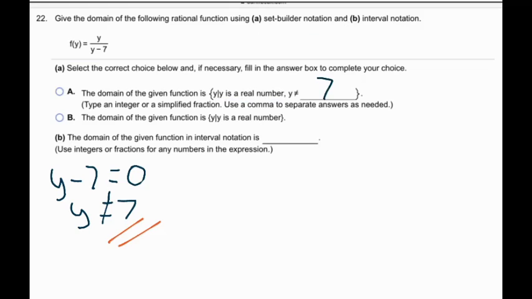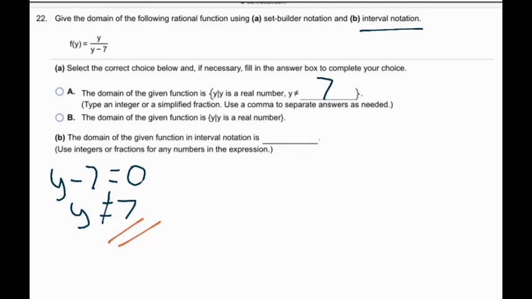Then the second part of this question asks for this domain in interval notation. Remember, interval notation shows you what values are included in the domain. And remember, interval notation involves the parentheses and the negative infinities and the unions and things like that. So we're looking for all values except for 7.